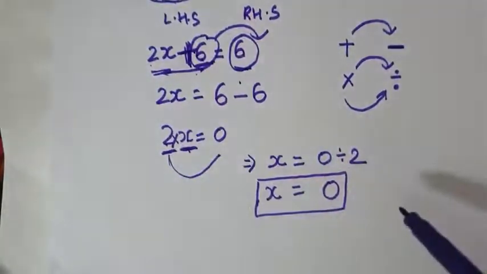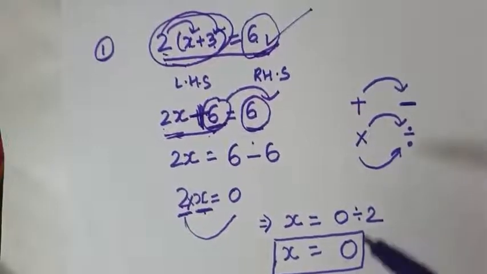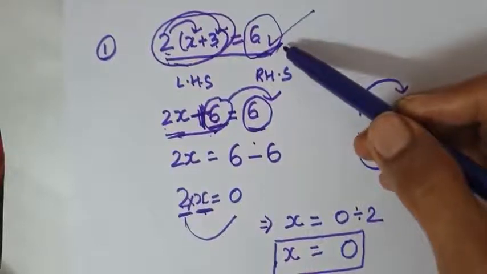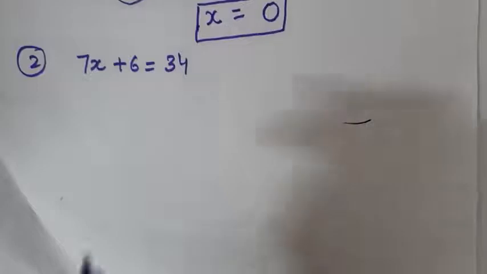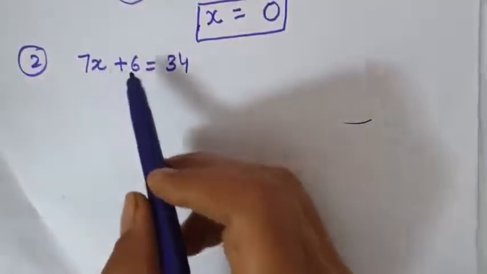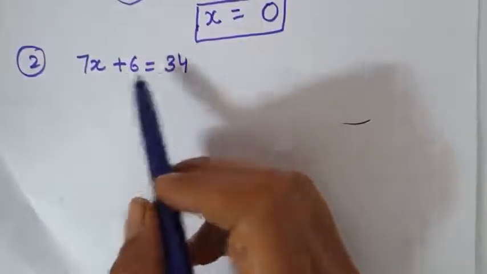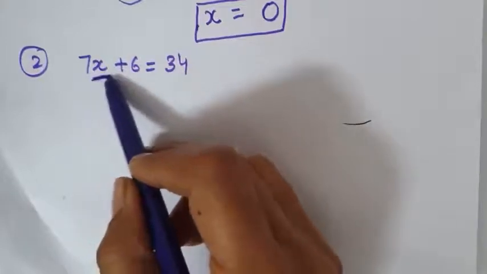So we can say that x is equal to 0 is the solution or the root of this given equation. Now the next question is 7x plus 6 is equals to 34. Now we have to find the value of x.